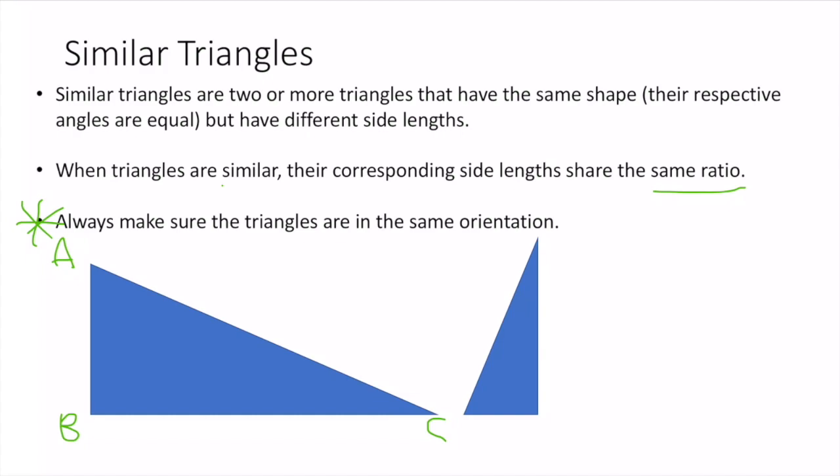So the long side here, this would be B. In this triangle, this would be A, and this would be C. Just imagine that I'm tipping this over so that my hypotenuse is across from everything else.